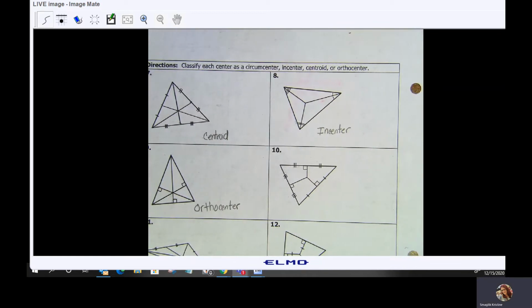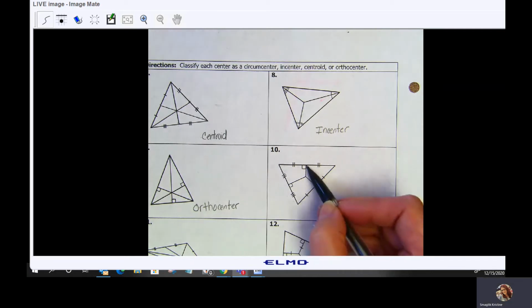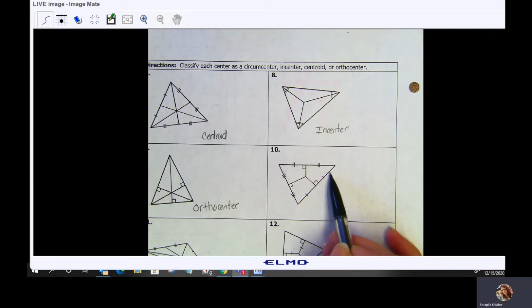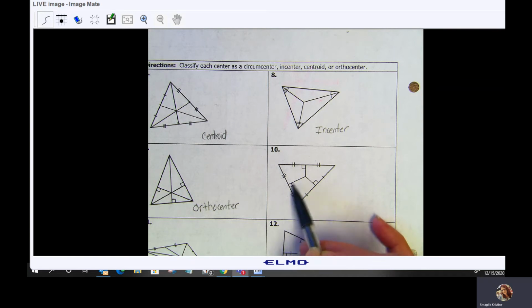Looking at number 10, obviously we have something coming here that is dividing the legs into two congruent parts. And notice here, I've got that right angle symbol. These two lines are perpendicular, and if it's breaking my leg into two equal parts, that means it's bisecting it. So we have perpendicular bisectors here.